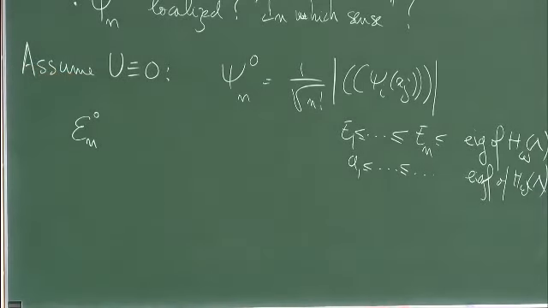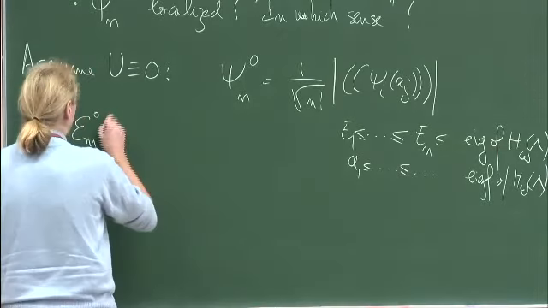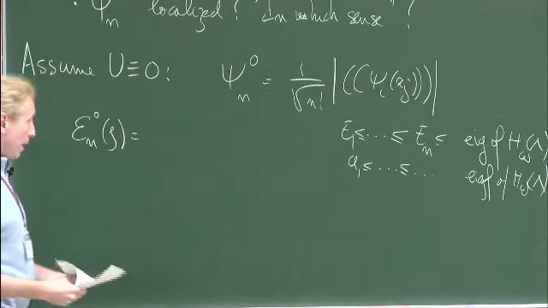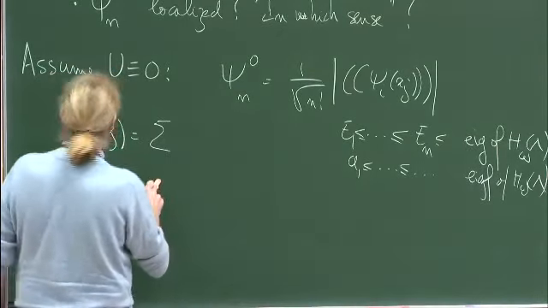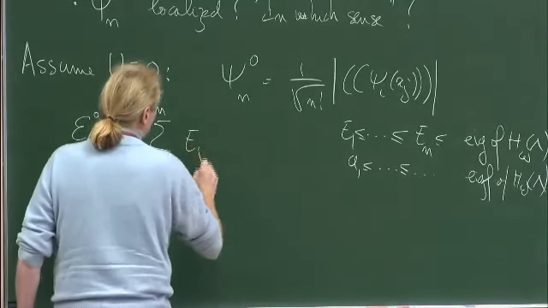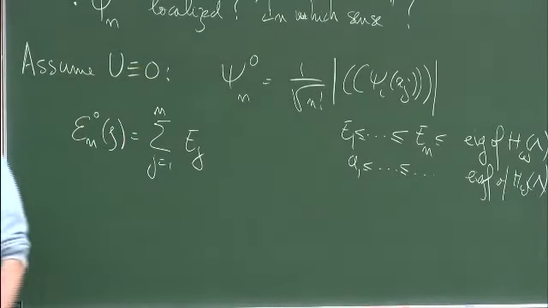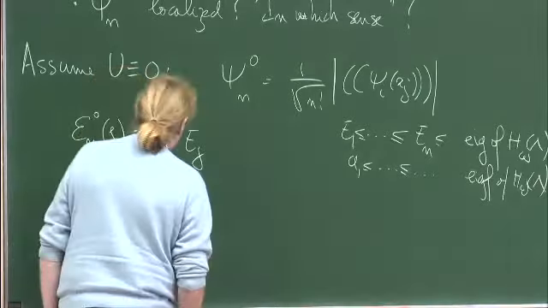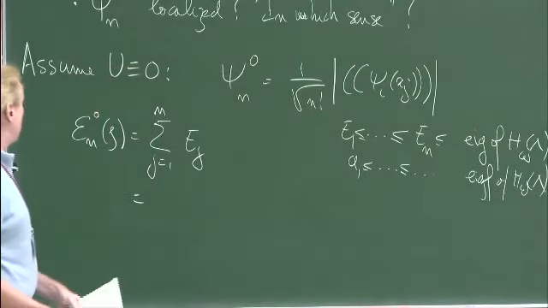Am I consistent with my own notations? Yeah, roughly I am. Forgot about the rho. This is just the sum from j equals 1 to n of the Ej. Of course, these depend on lambda and omega, right? Of the Ej, which you can also write as this thing.